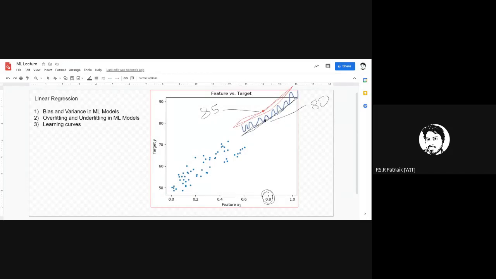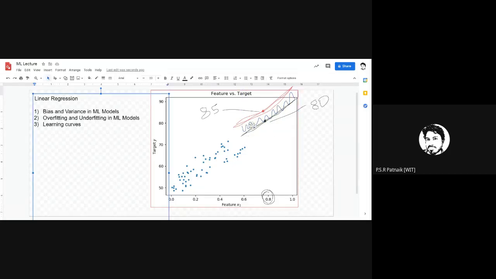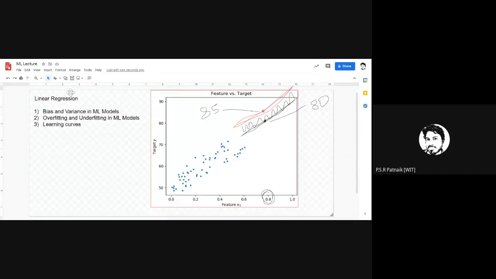So this difference between the expected values and the predicted values is called bias. Understood this? So now you know what bias is.